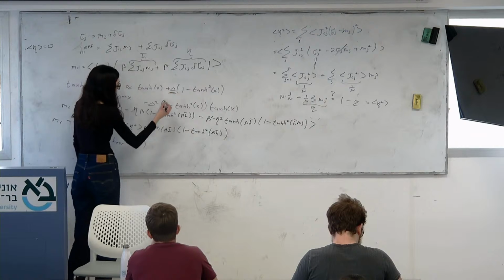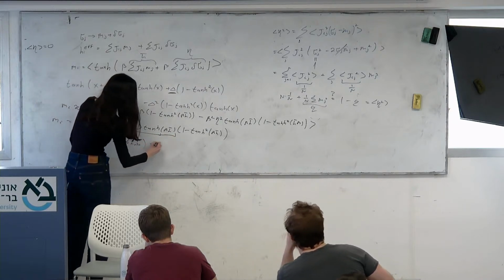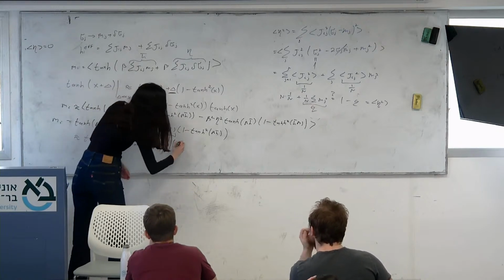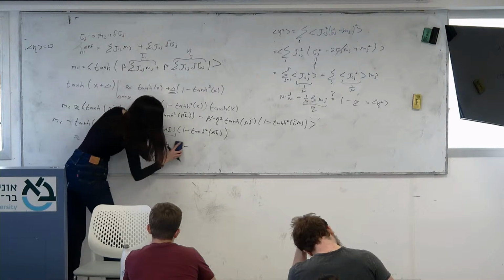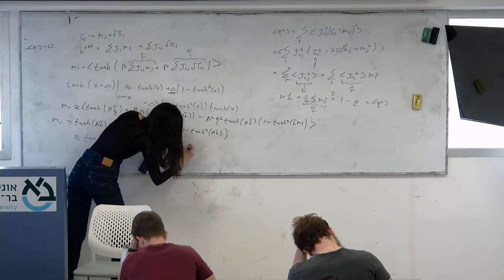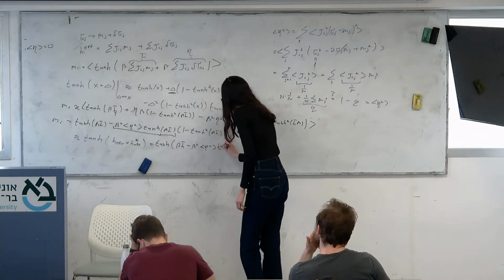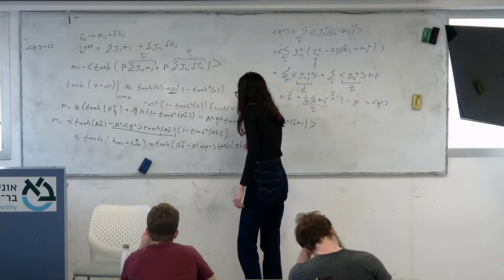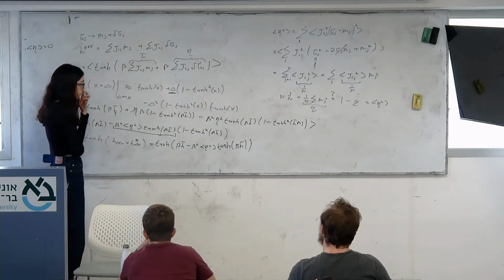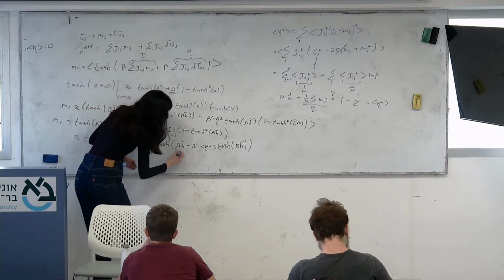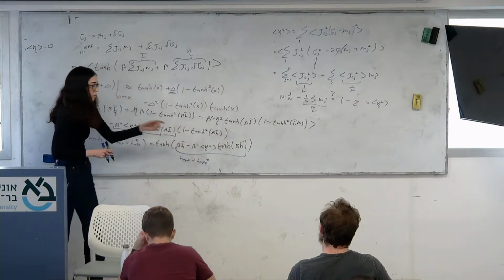So if I say that delta is all of that, I can rewrite that as hyperbolic tangent of H average minus beta square eta square hyperbolic tangent of beta H. And now this is H effective plus H effective star. So this is the new effective field.